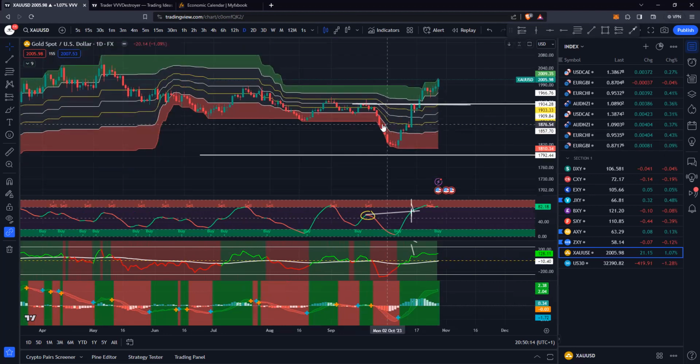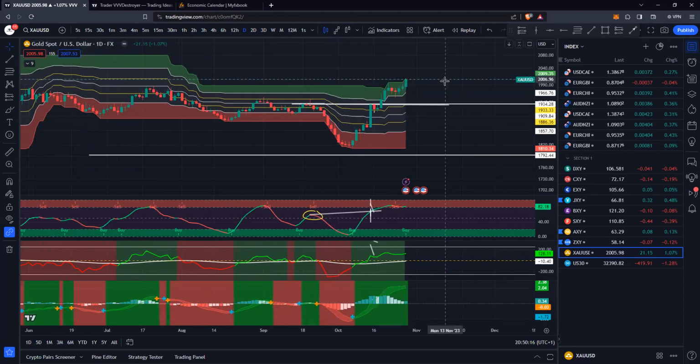I'm just curious how the market will open. It will be a gap, like when Israel made the attacks. We could see here it's gonna be something similar or not.